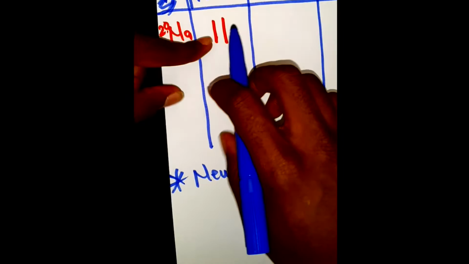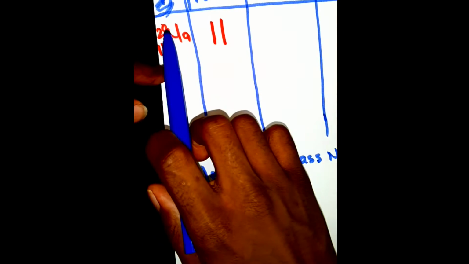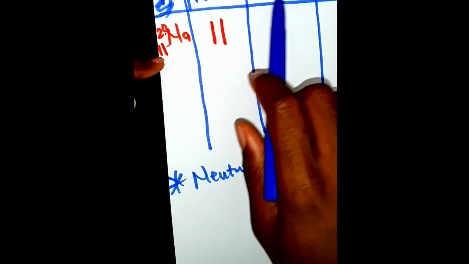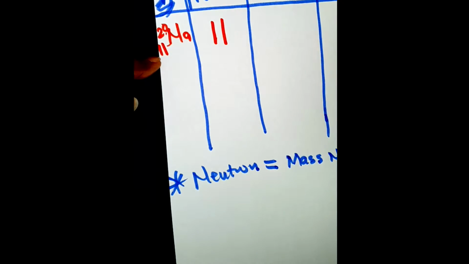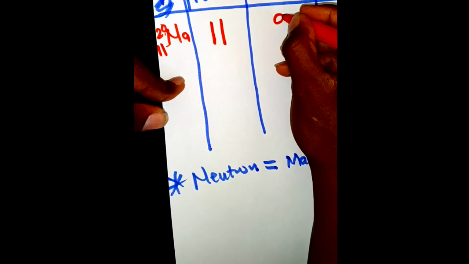So here we have the number of our proton, and this is our mass number. To find the neutron, we just subtract this from this. That's 20 minus 11, which is 9.